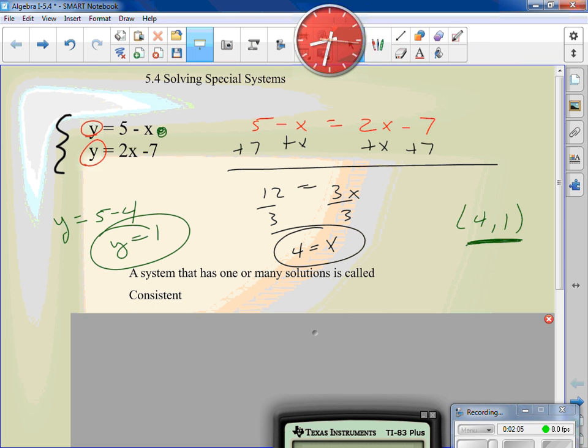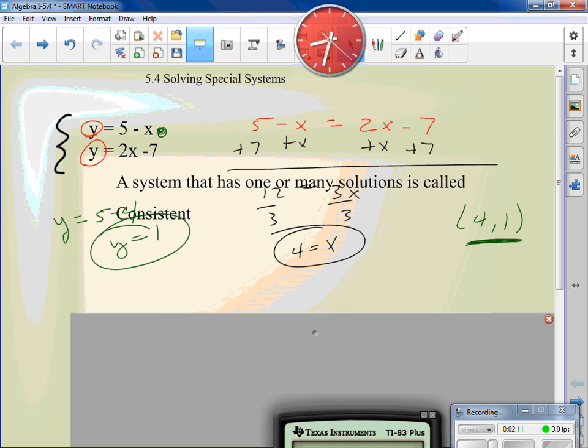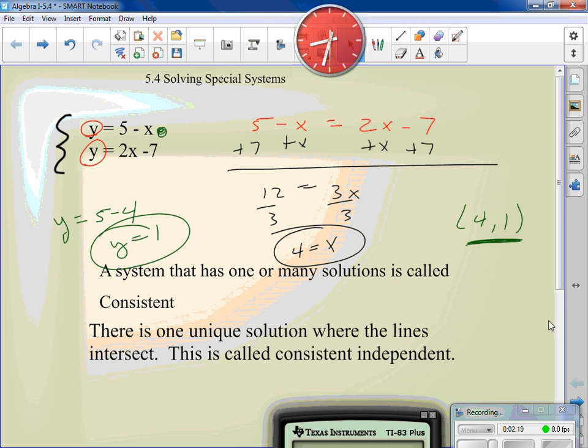This here is called a consistent system. A system that has one or many solutions is called consistent. There's one unique solution that lies where the lines intersect. This is called consistent independent.